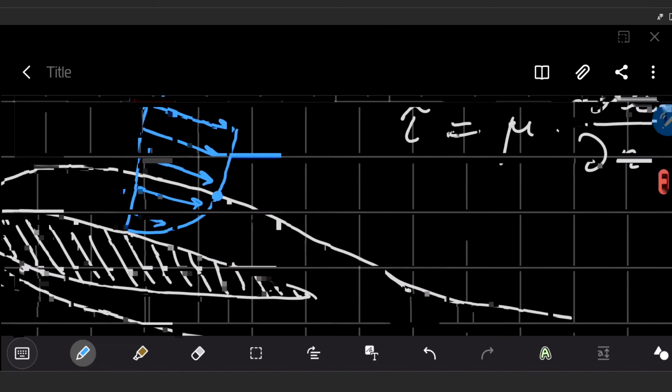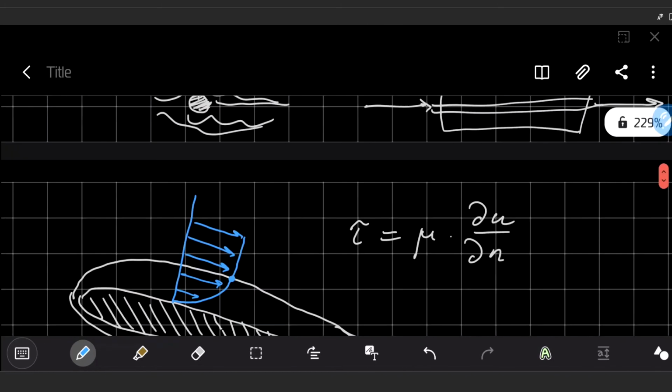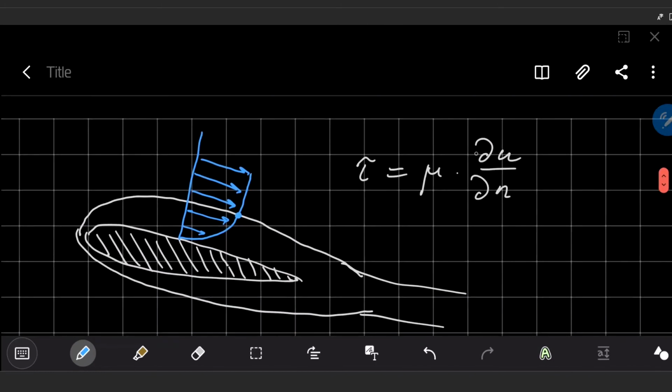So this du by dn inside the boundary layer has some value, and outside of the boundary layer it has no value. This is why inside the boundary layer we have shear stress, and outside of the boundary layer the shear stress would be equal to 0.